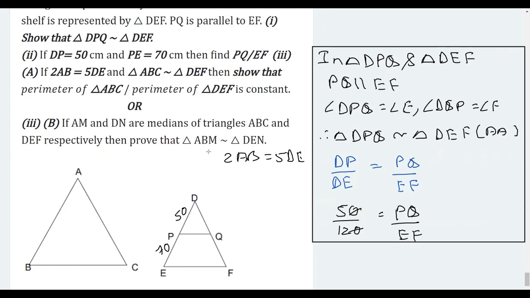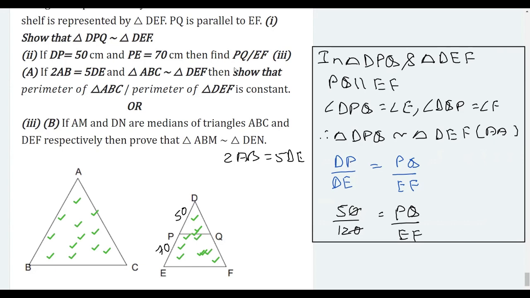Now we are doing the third part. This is the relation given here, and the triangle ABC is similar to DEF. These two triangles are given similar. We need to show that their perimeter ratio is a constant.